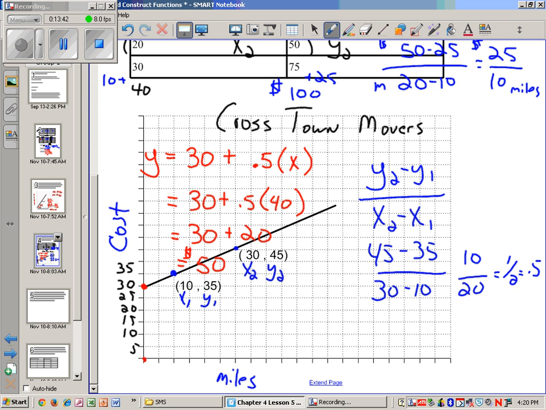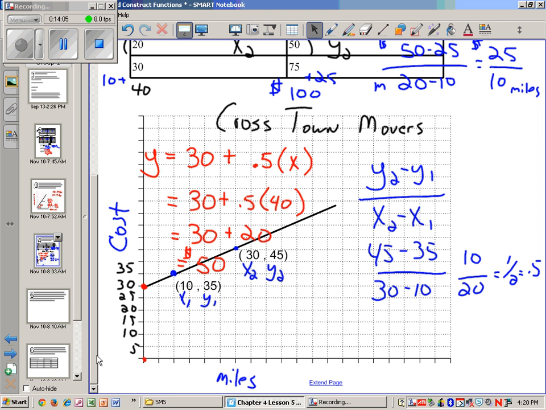So Crosstown Movers would be half as cheap as Ron's Rentals. Okay, we'll work some more with writing functions in this lesson. So if you have any questions on this, please show them down, and we will discuss them tomorrow in class.